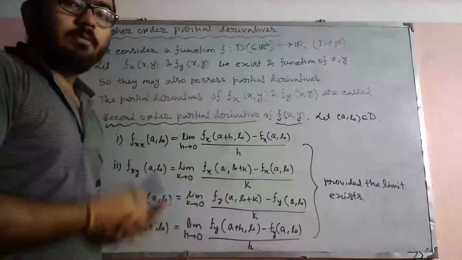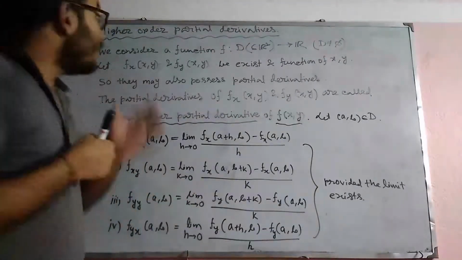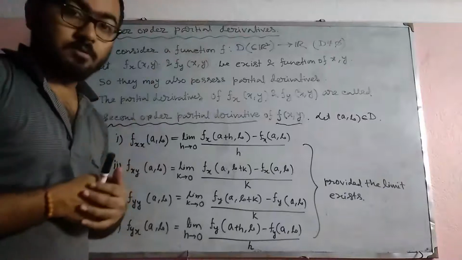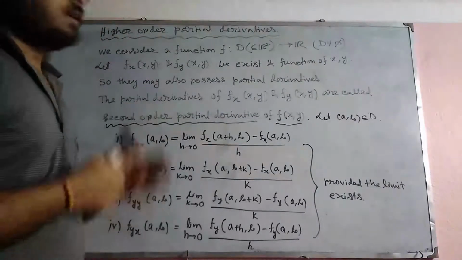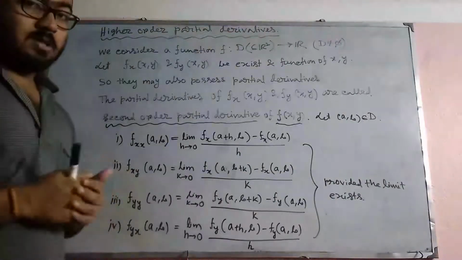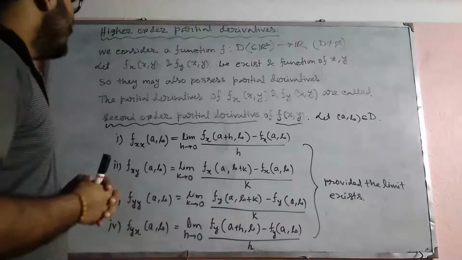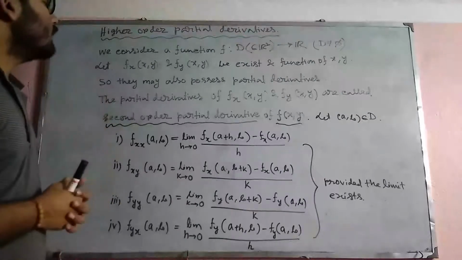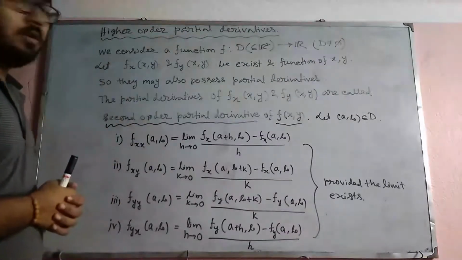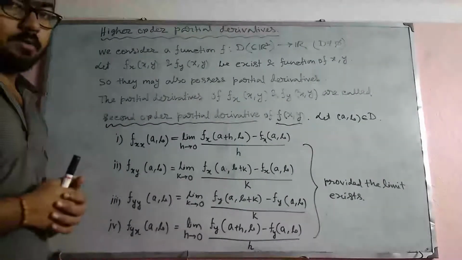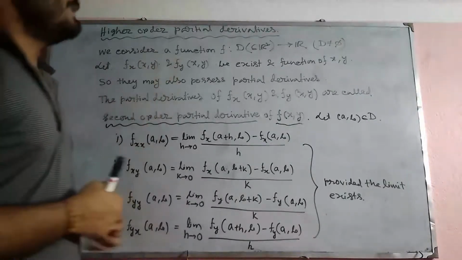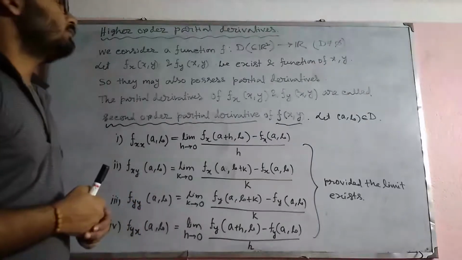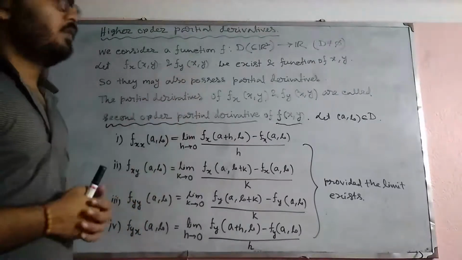Now I am giving you the definition of higher order partial derivatives. Let us consider a function f from D to R where D is a non-empty subset of R2, and let the first order partial derivatives of f with respect to x and y exist and be functions of x, y.